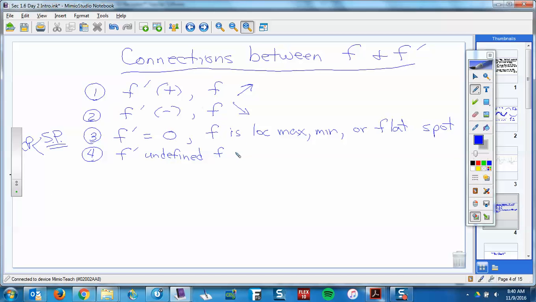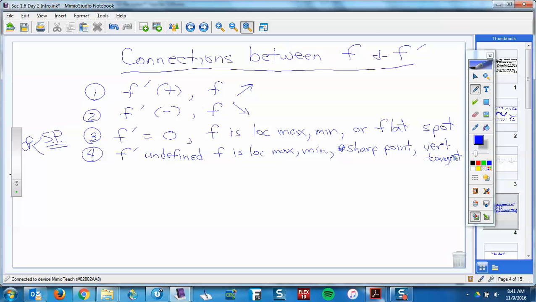So f could be a local max, min, oops, I know I put a comma there. Could be a local max, min, really wouldn't be a flat spot. Could be a sharp point, vertical tangent.